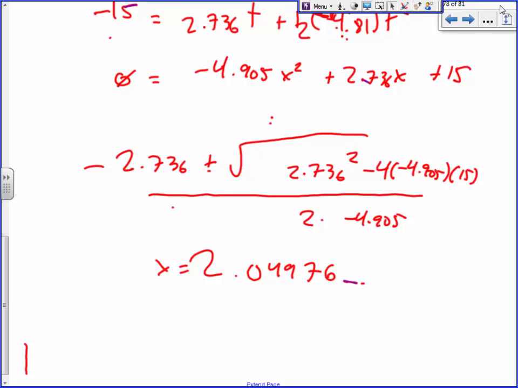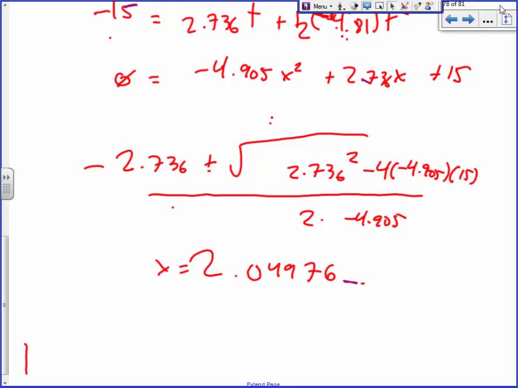So I'll take this value here, and we store it as A. So then I can say negative A plus the square root of A squared minus 4 times negative 4.905, and I'll divide that all by 2 times negative 4.905. So that's where I got the negative value, which is like dropping this graph backwards here. Does that make sense? So then I'll just redo this for the negative.